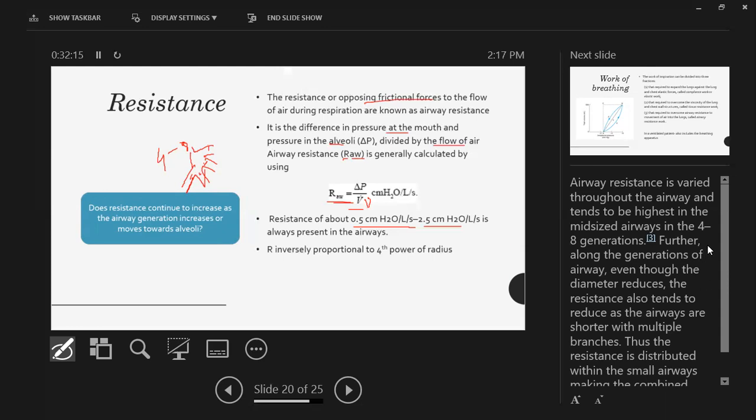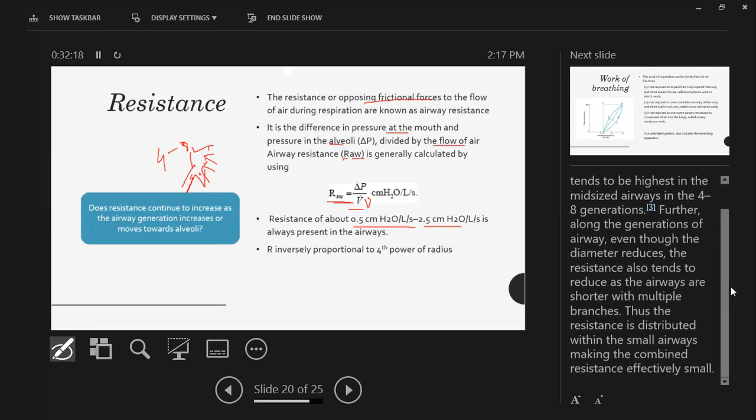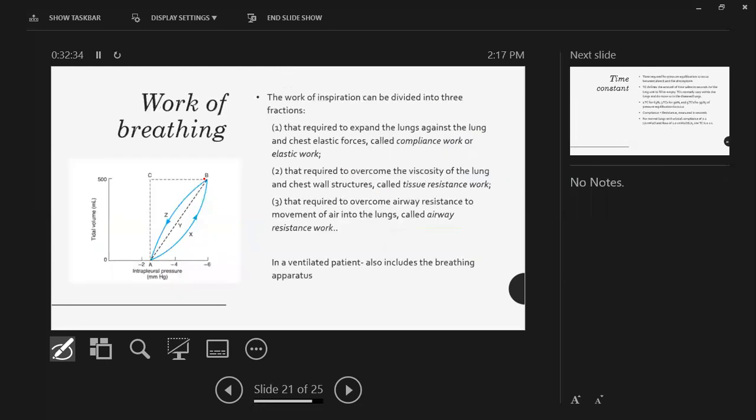Because of this distributed resistance, the individual airway resistance is less. So the combined resistance is actually small at the end of the day.